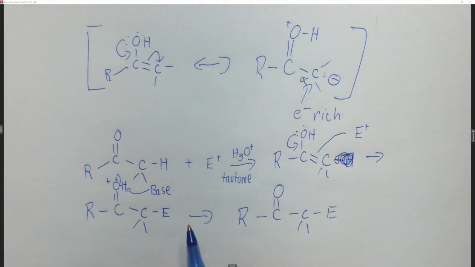So at the end of the day, what we have done is we've added the electrophile to the alpha carbon. This is an alpha substitution reaction. We got rid of hydrogen, we added electrophile. We started with a ketone with an H here, we ended up with a ketone with an E here. And this could be a very useful reaction. So throughout the rest of this chapter, we're going to look at some reactions where essentially this is what we're doing.